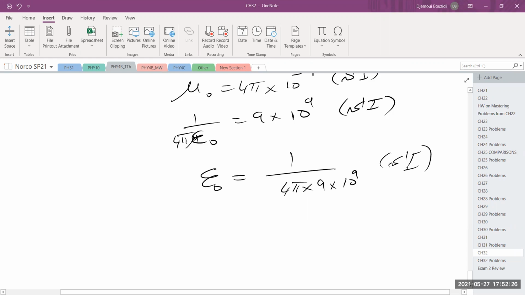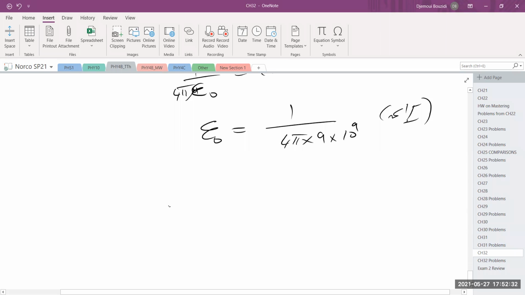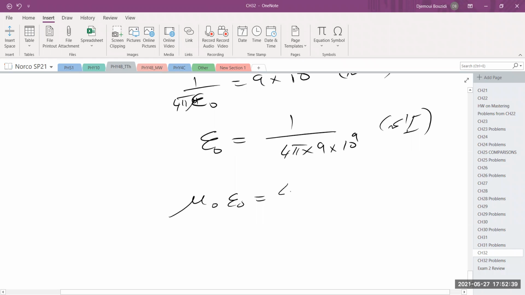So if I take these two numbers and multiply them, this is what they give me. So mu naught times epsilon naught is equal to, first of all, mu naught is 4 pi 10 to the negative 7. And epsilon naught is 1 over 4 pi times 9 times 10 to the power 9.